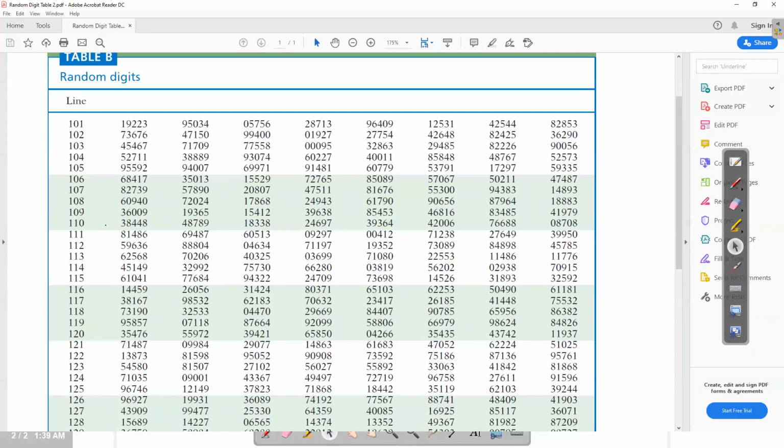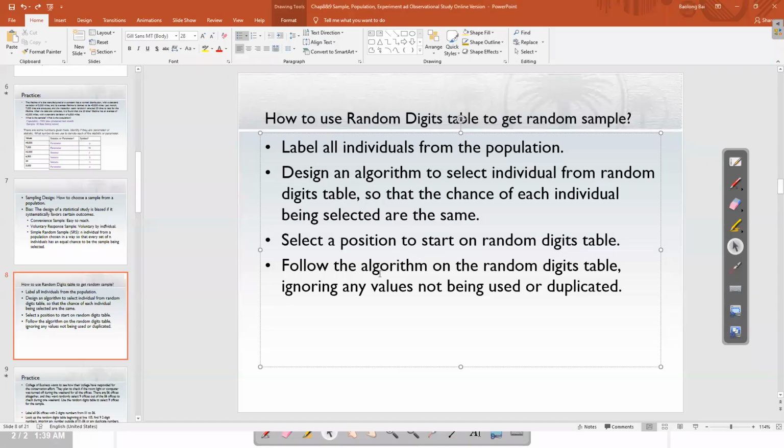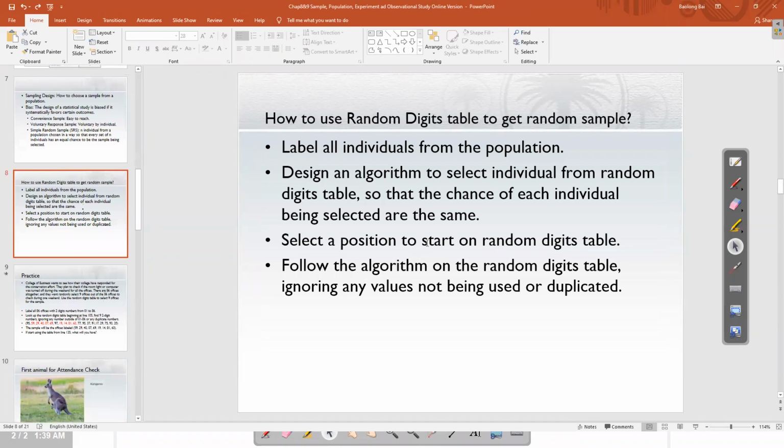Then how are we going to use this table to take a sample? So here is the deal. First, when you have a population of interest, you need to label all the individuals. Every individual needs to have a label. The most common way to label is to make sure every label has the same number of digits.